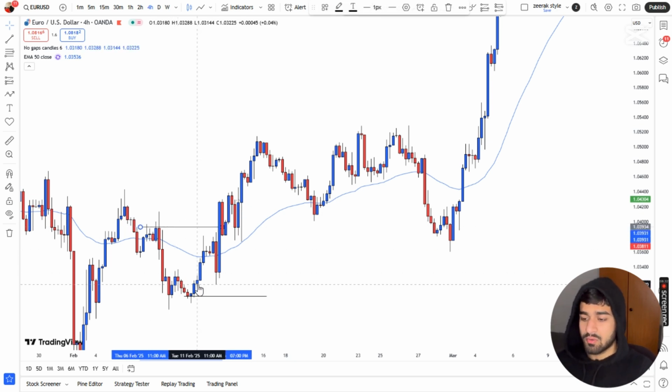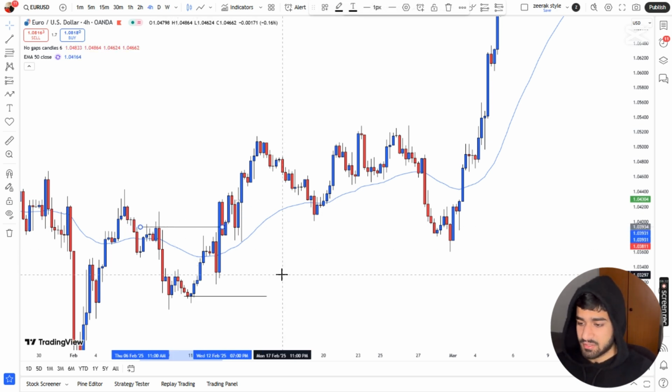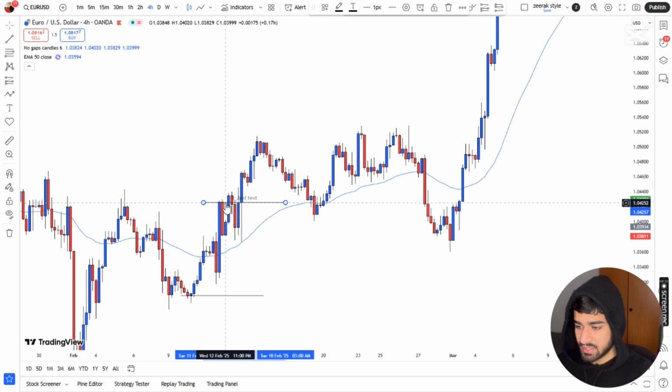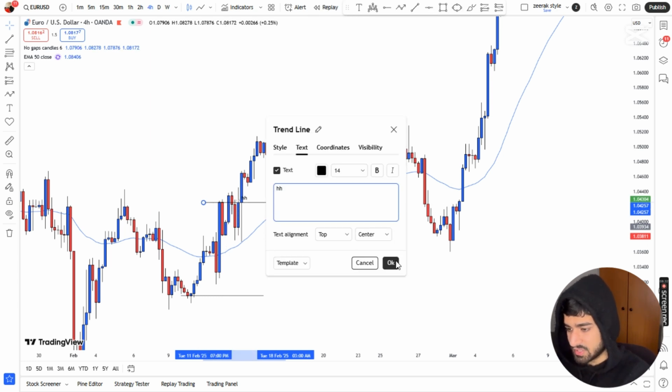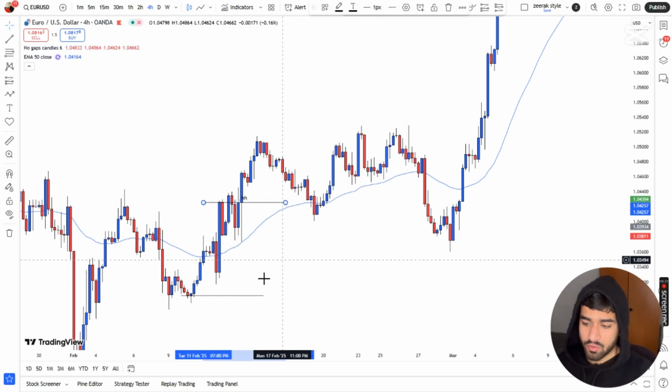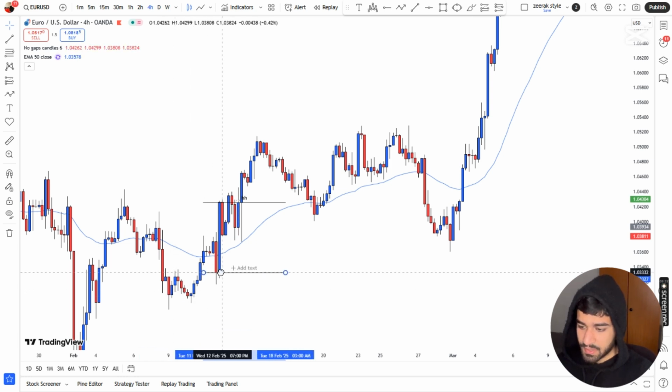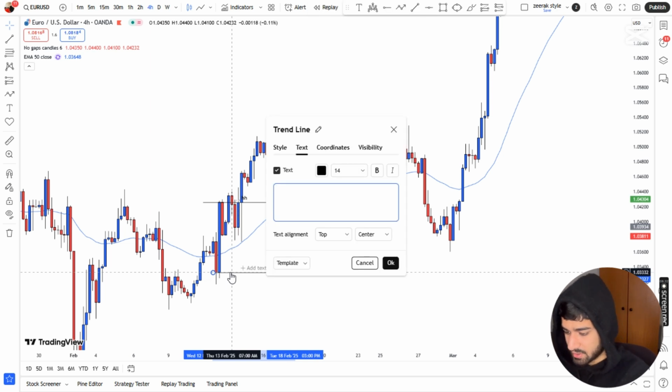Now we just place them in a random place. Whenever we broke to the upside, this is the higher high. Which will be the higher low? Will it be this point, or this point? But I will show you in this video. This will be the higher low.